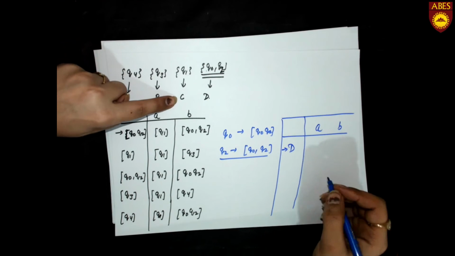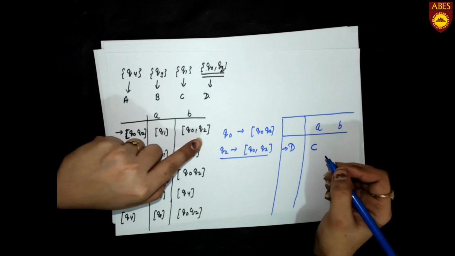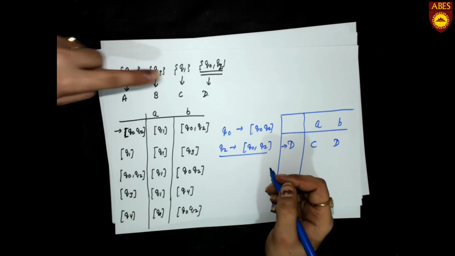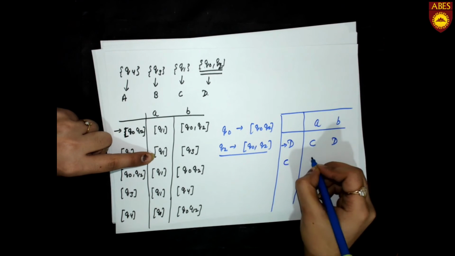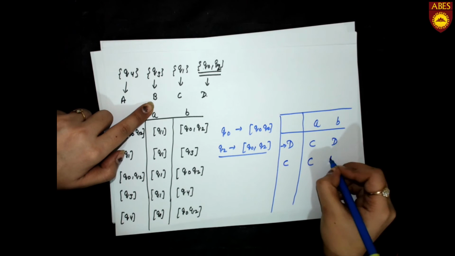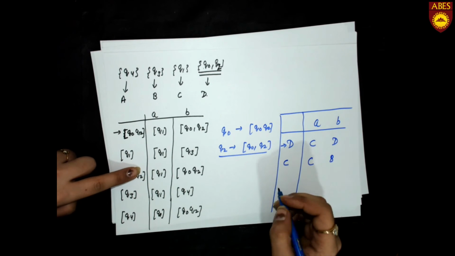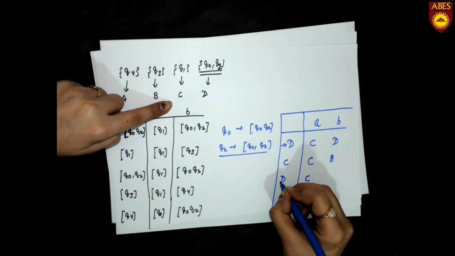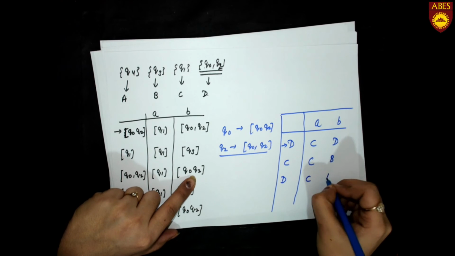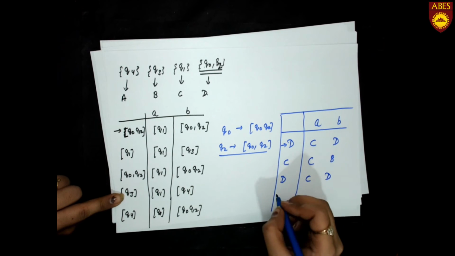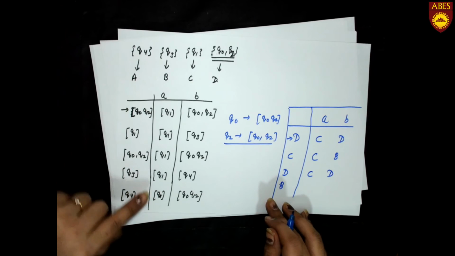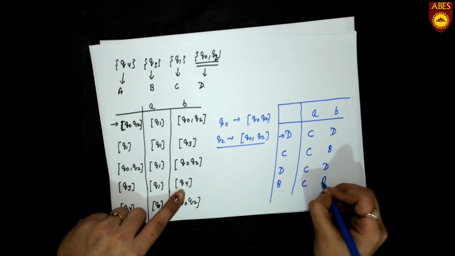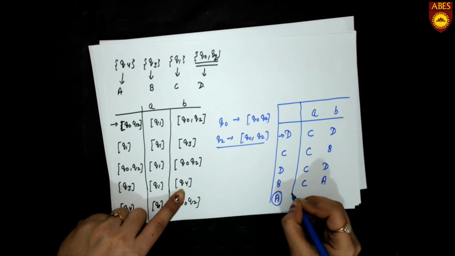Q1, in place of Q1 you have to write C. Q0, Q2 is D. Q1 is C. Q1 again C. Q3 is B. Q0, Q2, that is D. Q1 is C. Again Q0, Q2, that is D. Q3, that is B. Q1 is C. Q4 is A. A is our final state.